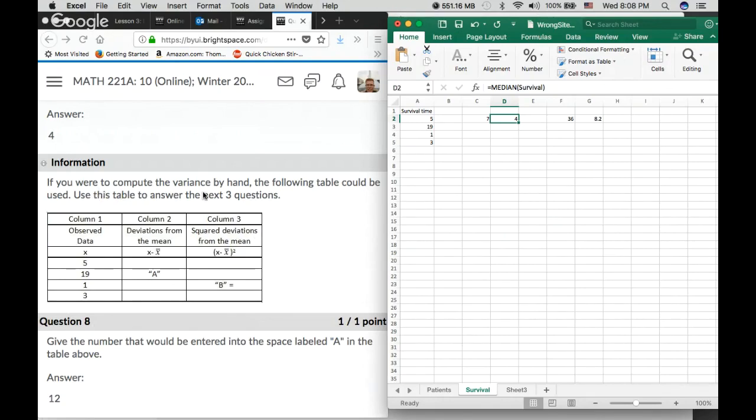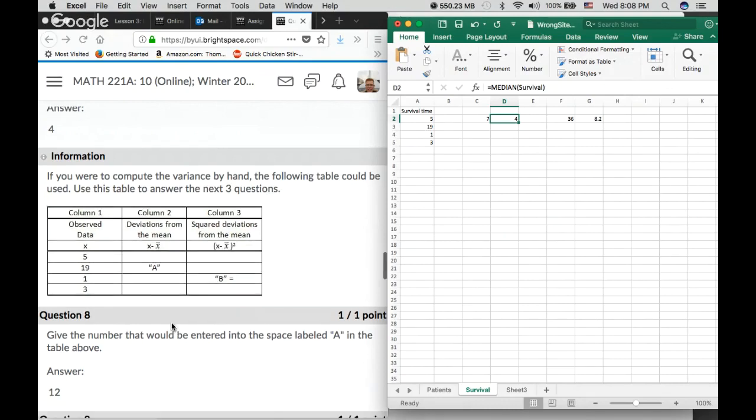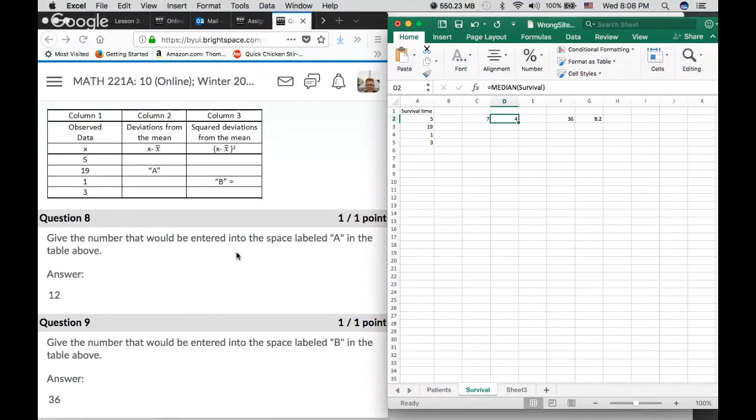If you were to compute the variance by hand, the following table could be used. For this column here, I want the deviations from the mean. We already know the mean is 7.